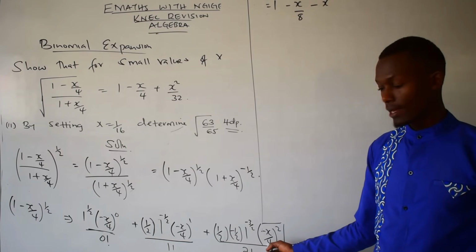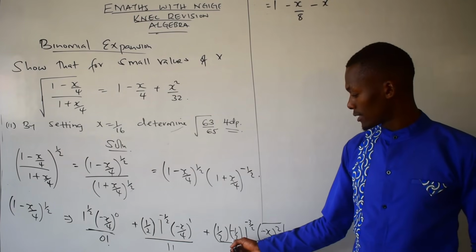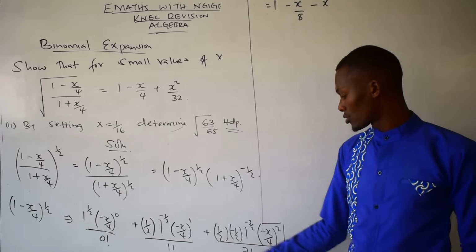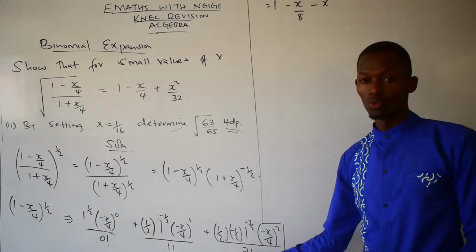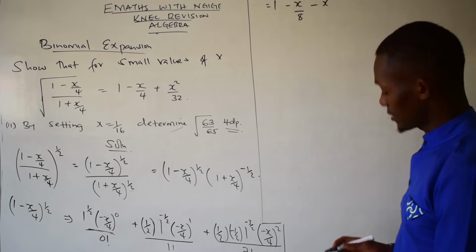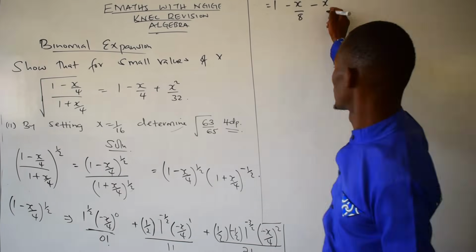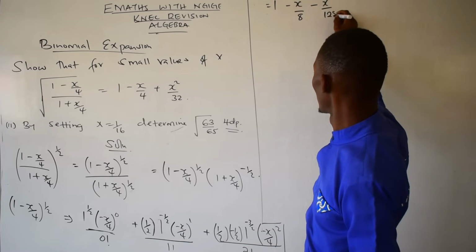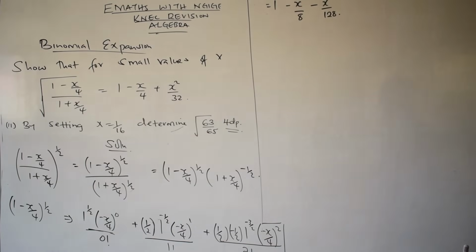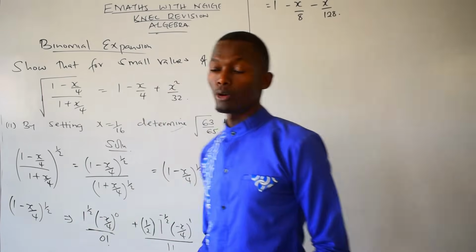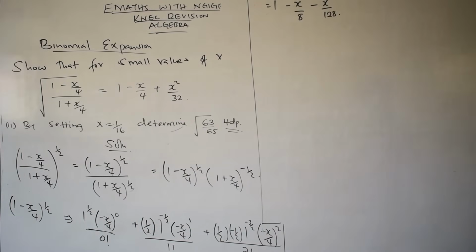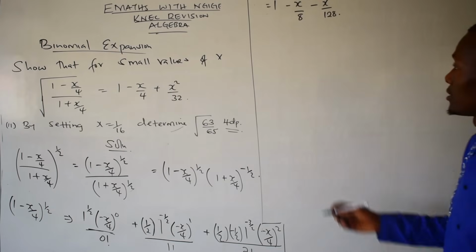So 4 squared here is 16. 16 times 2 is 32, 32 times 2 is 64, then times 2, 64 times 2 is 128. So over 128. So the expansion for 1 minus x over 4 to the power half gives you 1 minus x over 8 minus x squared over 128.